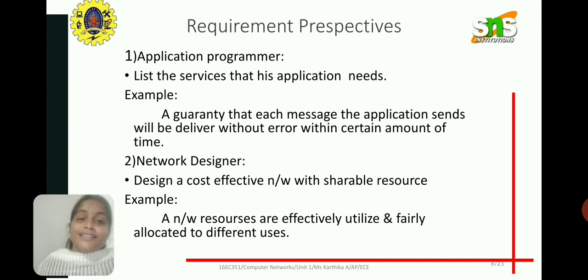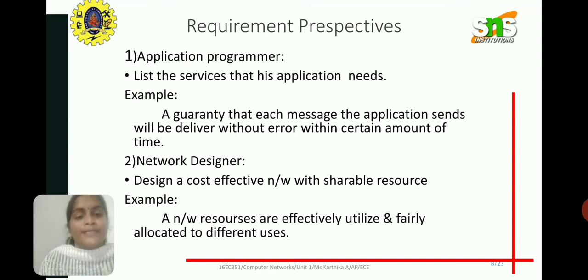He lists the services that his application needs, the applications that the customer needs, and satisfies the customer's needs. For example, a guarantee that each message the application sends will be delivered without error within a certain amount of time. It is a requirement of a customer at the application programmer's end.